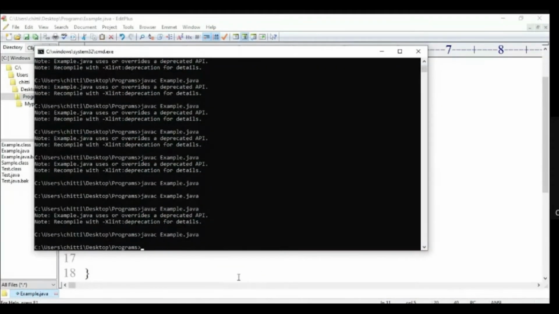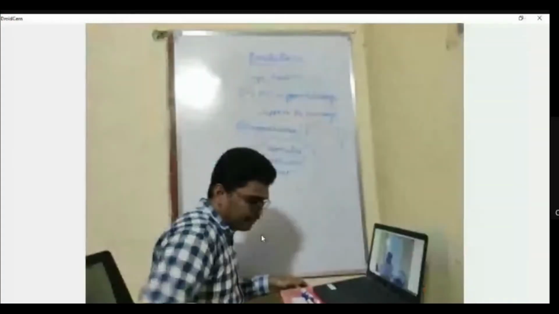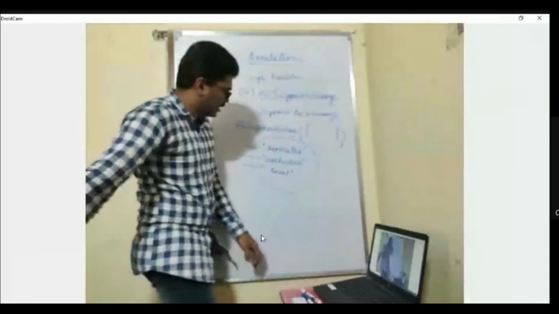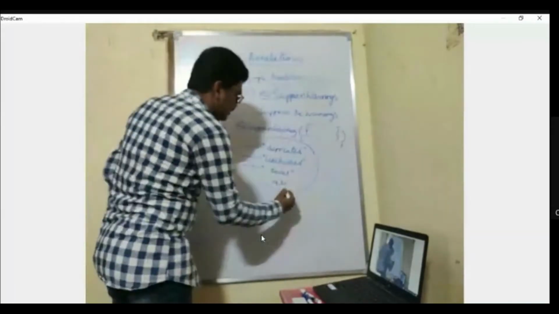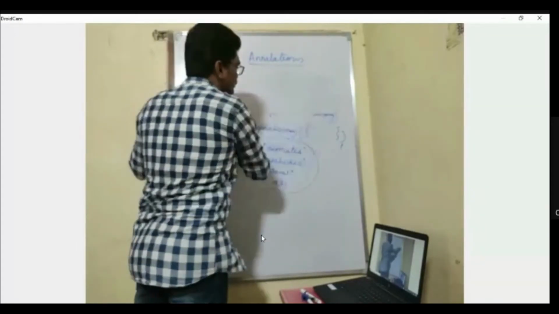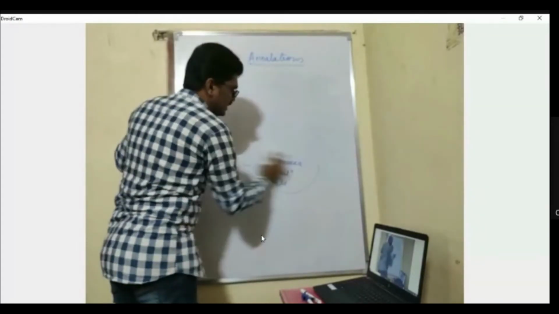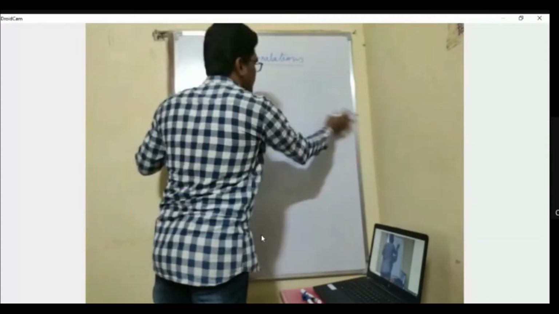One more value which we saw now is all, where you can give one parameter and suppress all the warnings. These are the three predefined annotations which we have in Java.